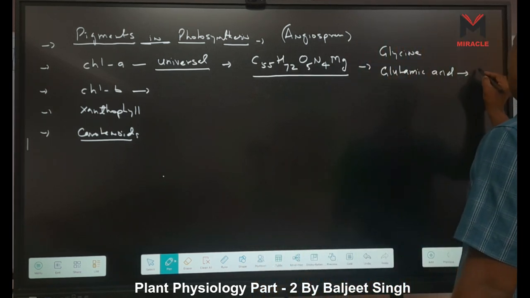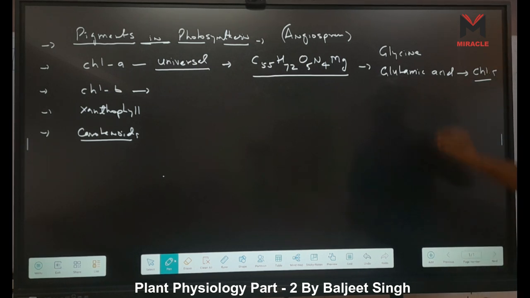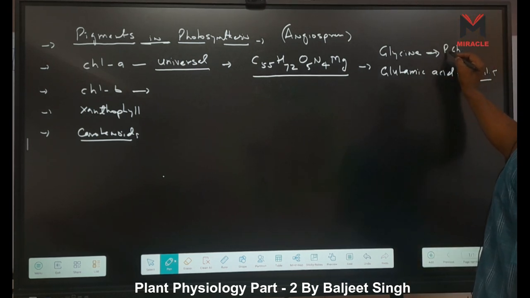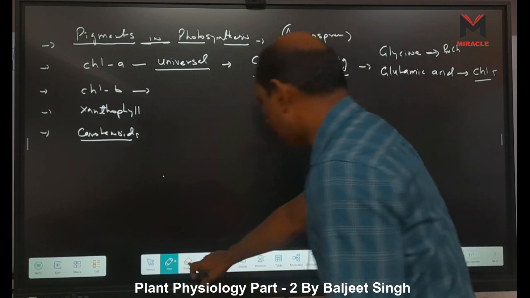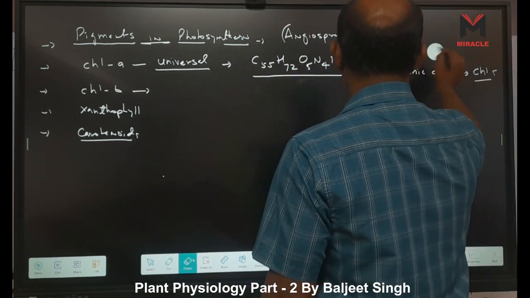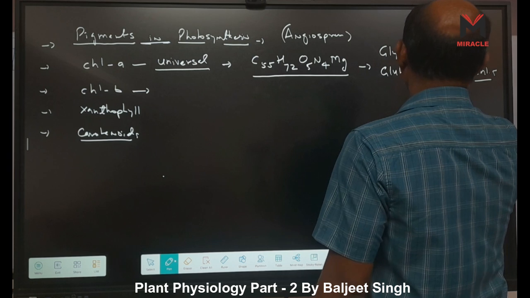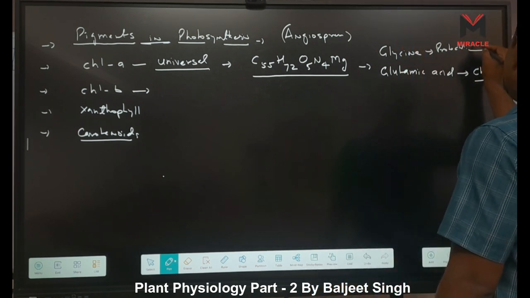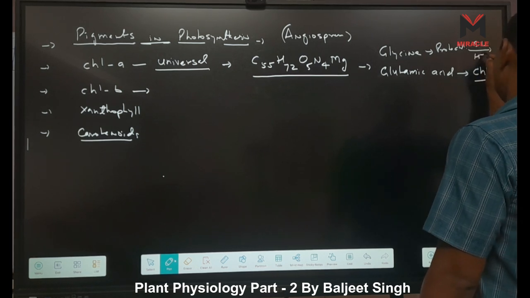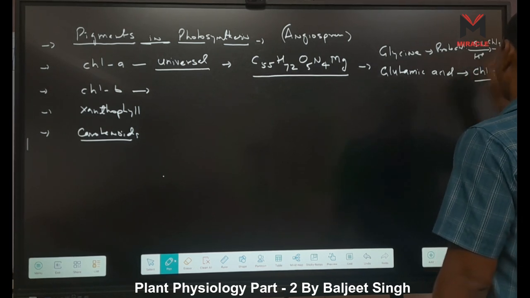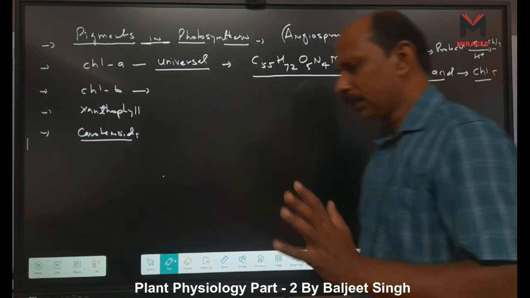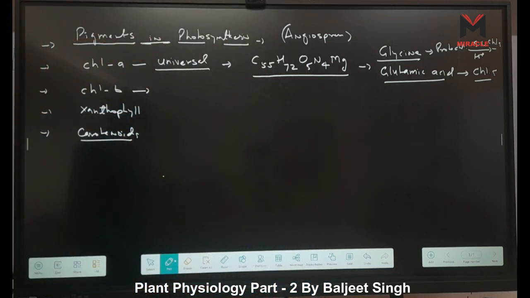Glutamic acid is converted into chlorophyll A. Glycine is first converted into protochlorophyll. Now this protochlorophyll, in the presence of sunlight and H plus ion, is converted into chlorophyll A. We know very well these are amino acids. So that means chlorophyll is formed through amino acids, right?